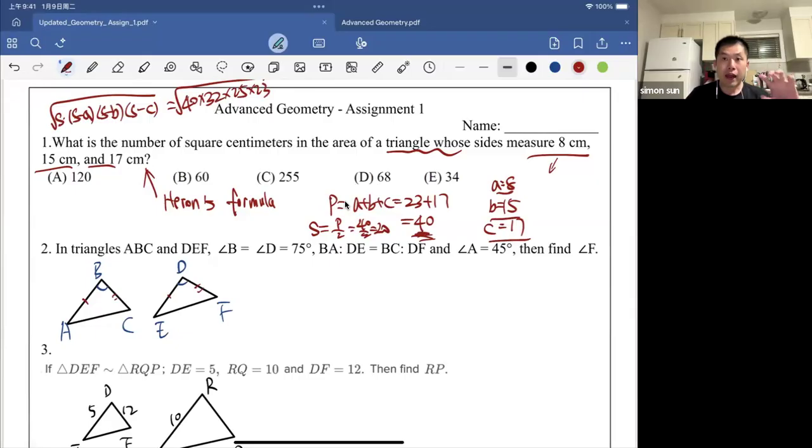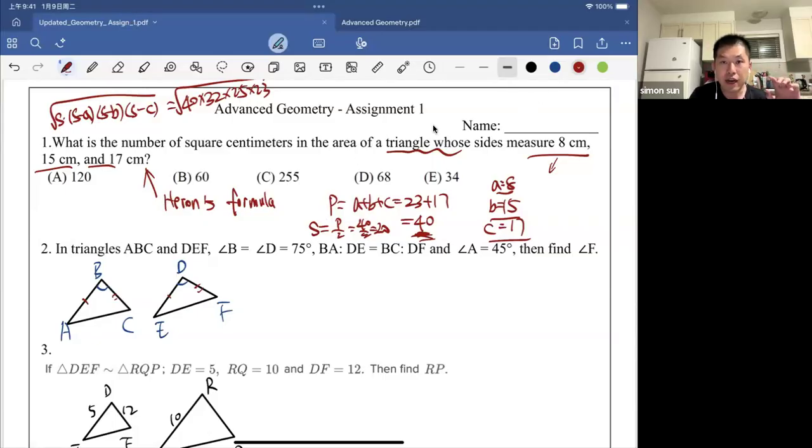For this one, the important thing is that you can use the formula. It's not about how we calculate the final result. If you get the numbers here, you can directly plug into the formula and use the calculator to calculate the final result.